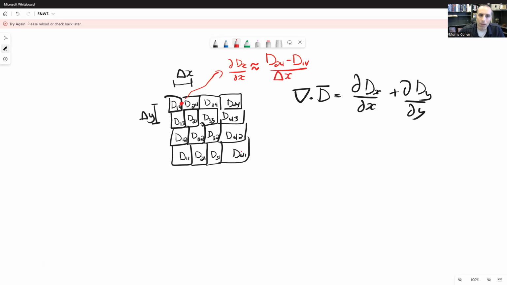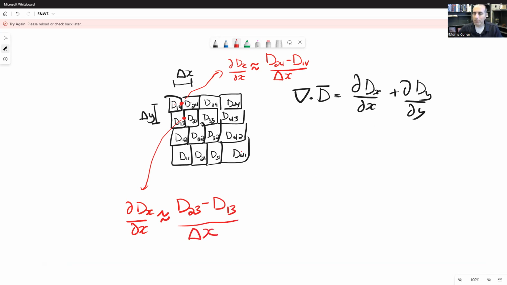It's the difference of the two adjacent cells divided by the delta x. All right, we can do the same thing for this point down here. For this point, we can say that the derivative of the x component with respect to x is approximately equal to D23 minus D13 divided by delta x.